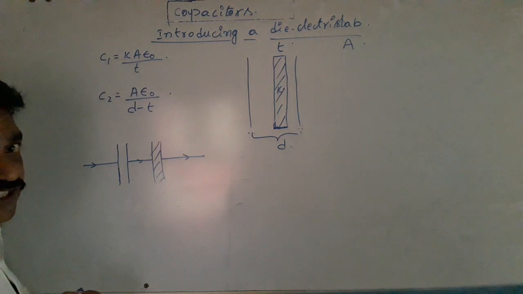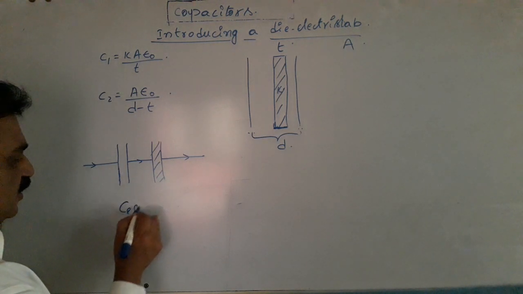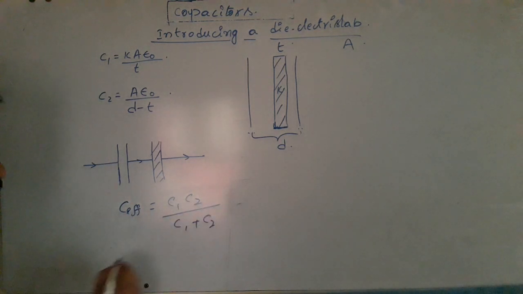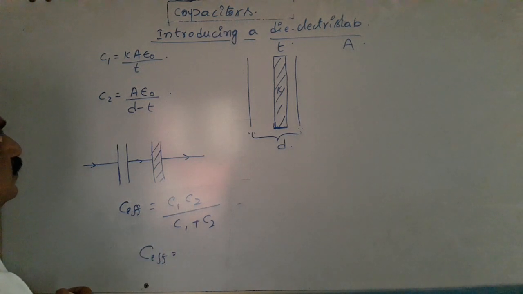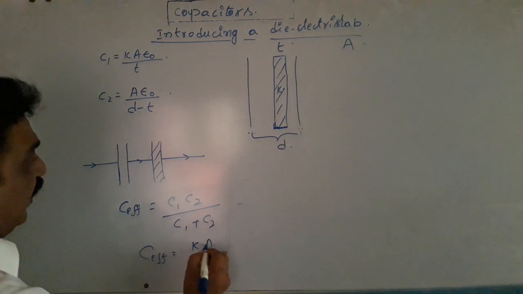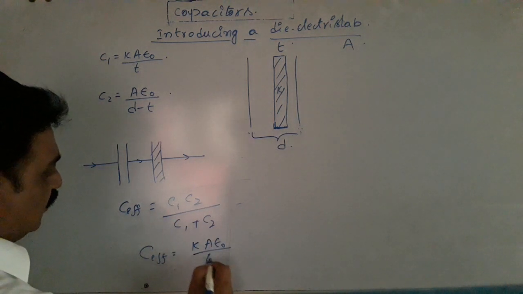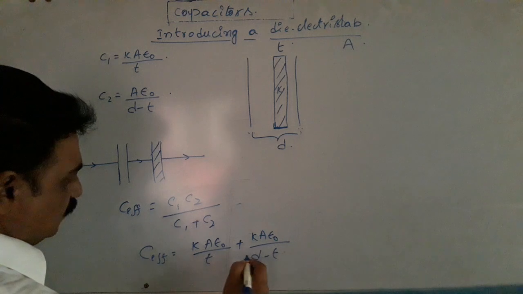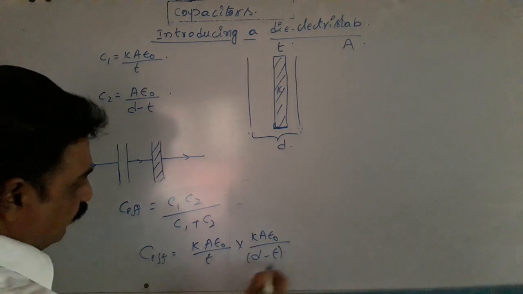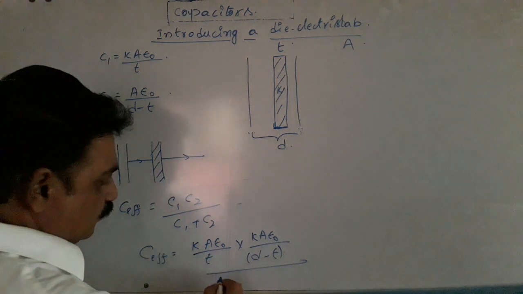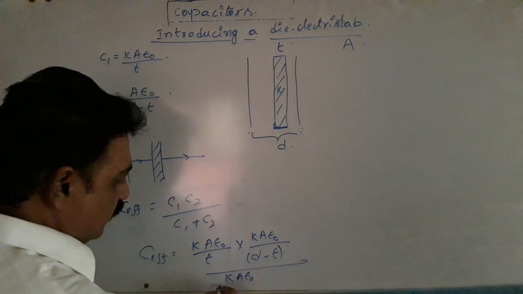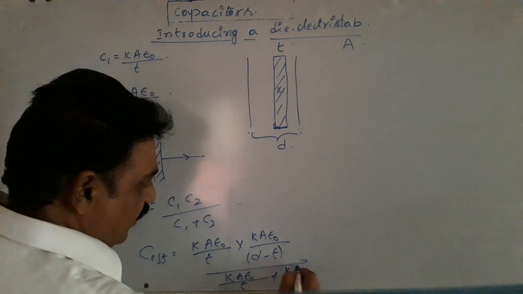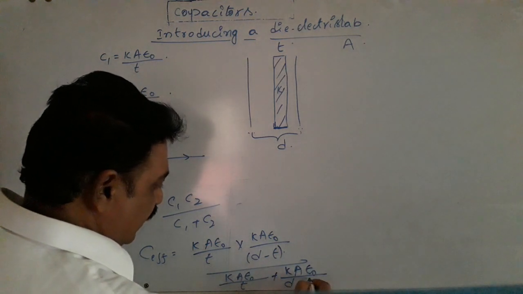In such a series combination, the effective capacity C effective equal to C1 C2 by C1 plus C2, so that C effective is equal to C1 C2, meaning K A epsilon naught by t into A epsilon naught by d minus t, divided by K A epsilon naught by t plus A epsilon naught by d minus t.